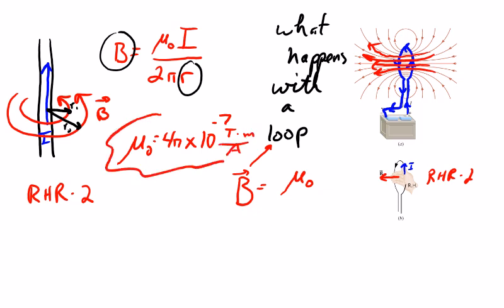So that's just a constant value. We still multiply by the current, so that hasn't changed. But now that we're making a loop with our wire, we don't have a distance away from it that we're trying to find. We're just trying to find the strength of the magnetic field. So on the bottom I'm going to have a big R, which is the radius of the loop.